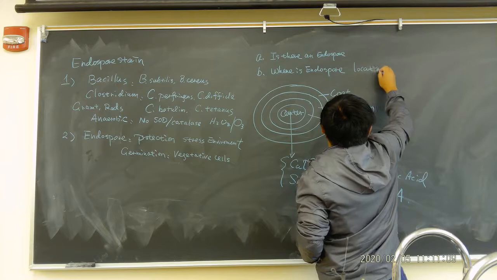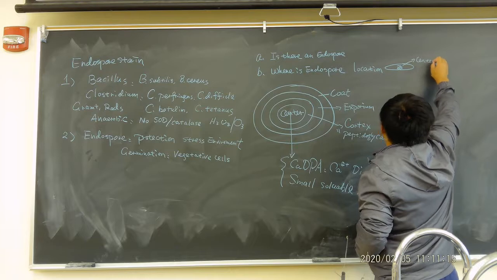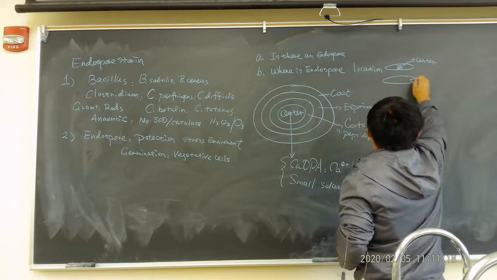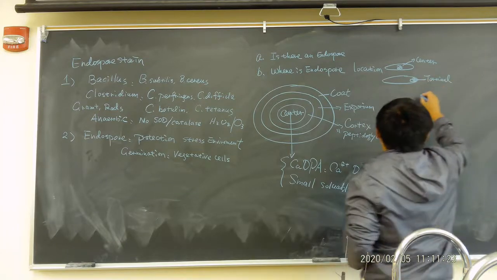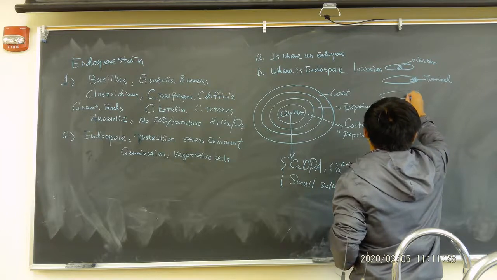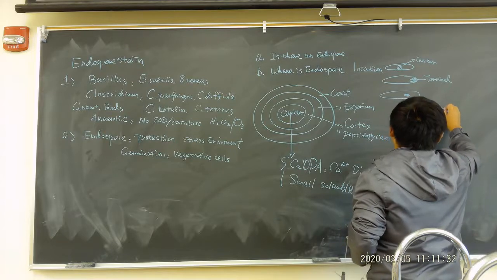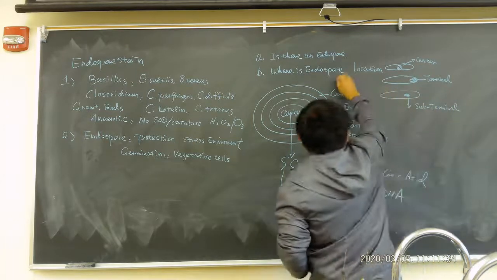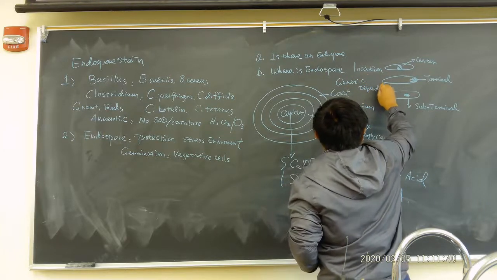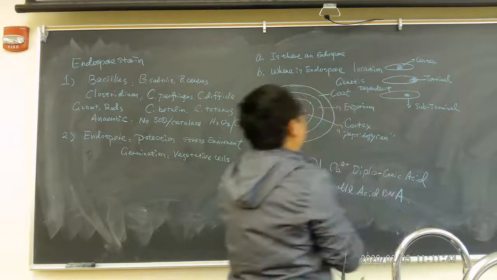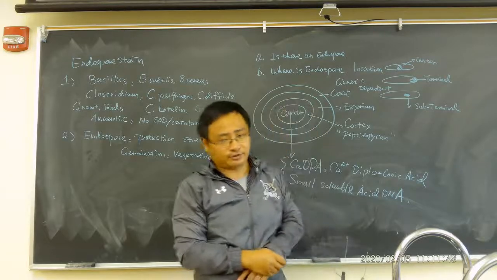The location could be right in the center, or right in the corner, which we call terminal, like at the airport, there's a terminal. Or between the center and terminal, we call it subterminal. And it is genetically dependent. So that's why we want to do the endospore stain. We will know the location, so we know what kind of bacteria it is.